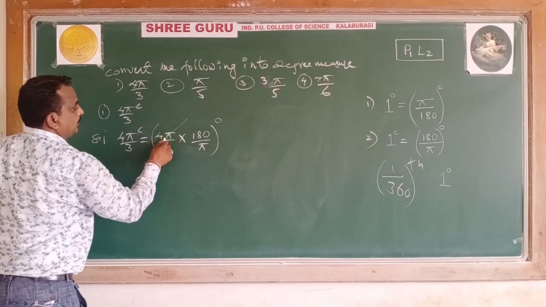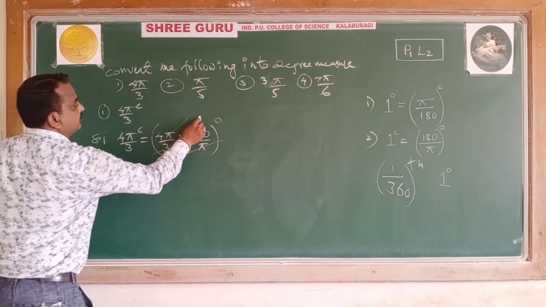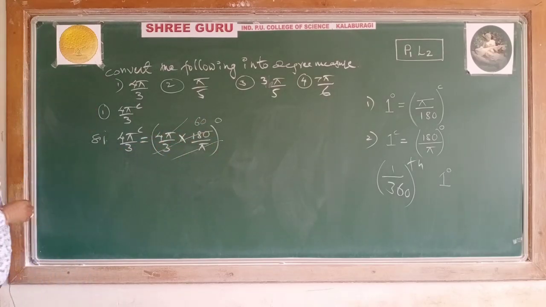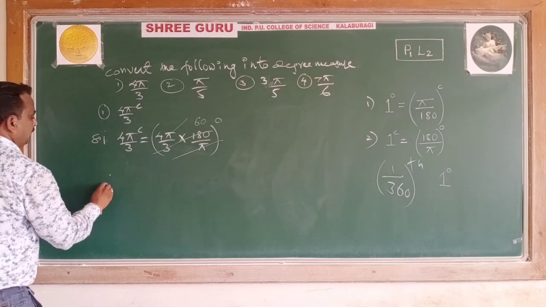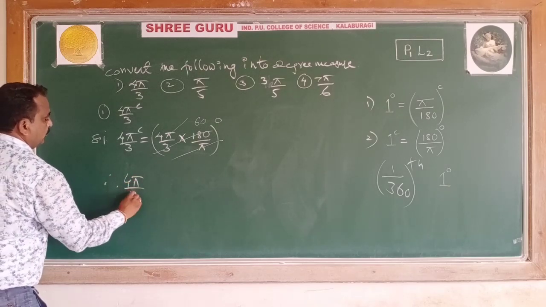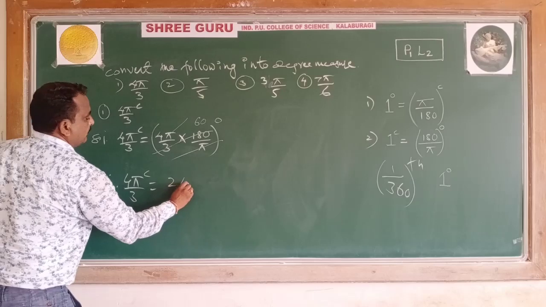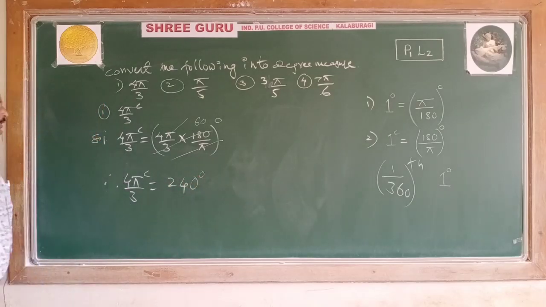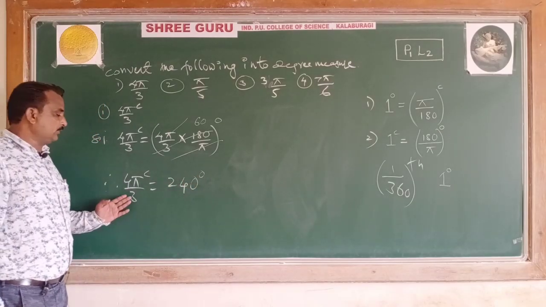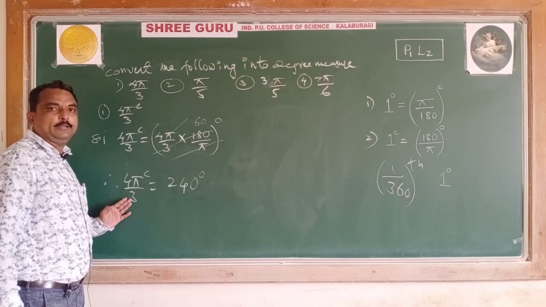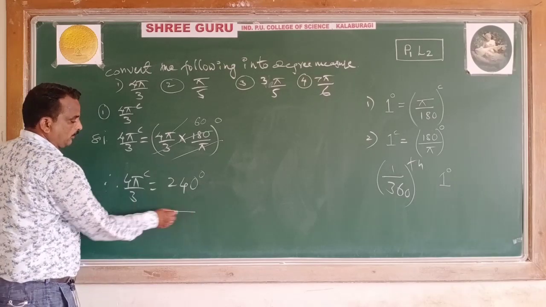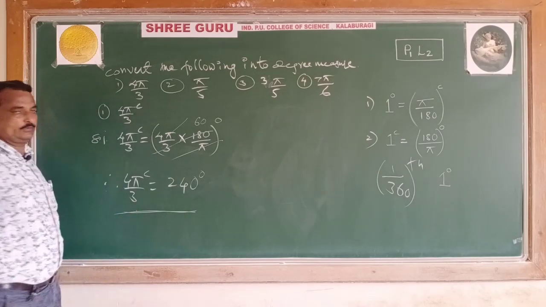See, this pi and pi get cancelled. 3 6 18, 0 as it is. 4 into 60 degree, how much is it? 240 degree. So the radian measure of this angle 4 pi by 3 becomes 240 degree. See the 1 mark question, students.